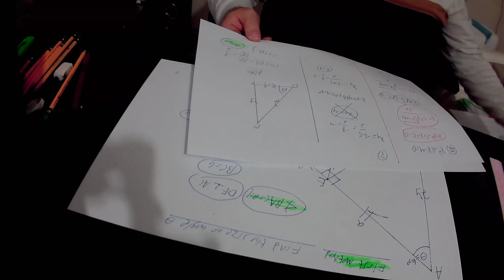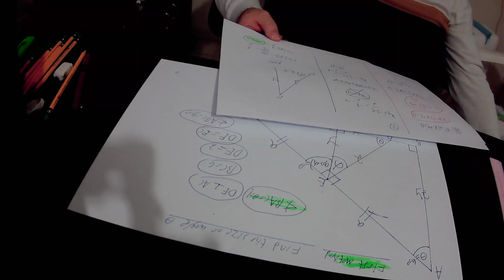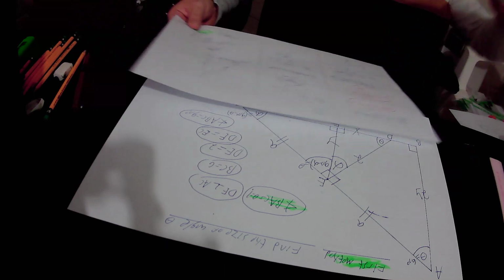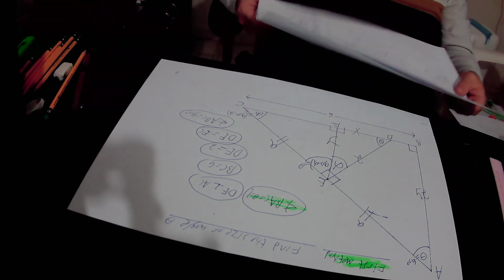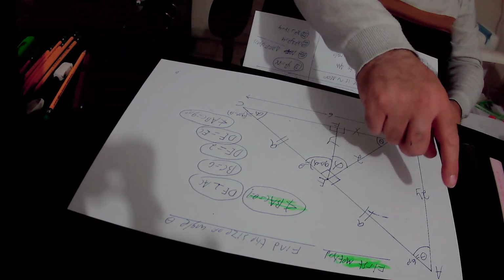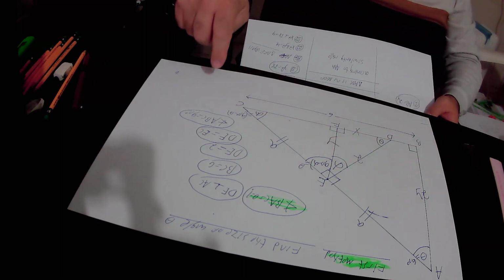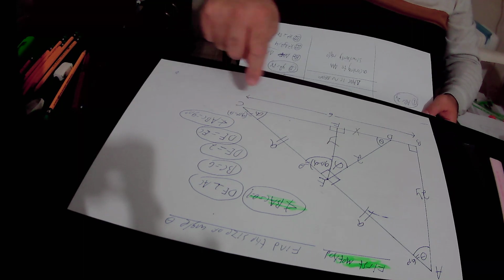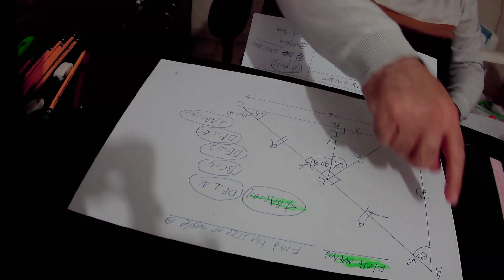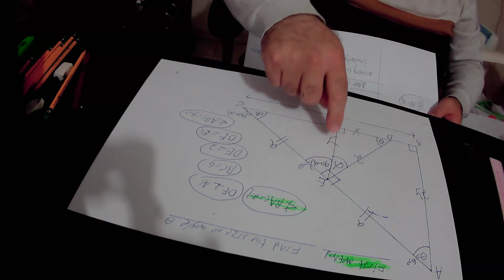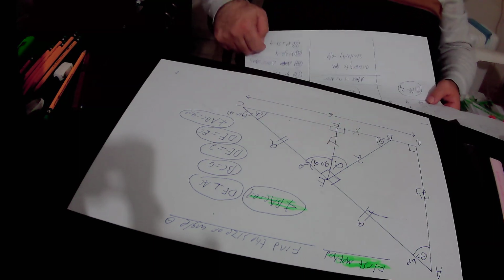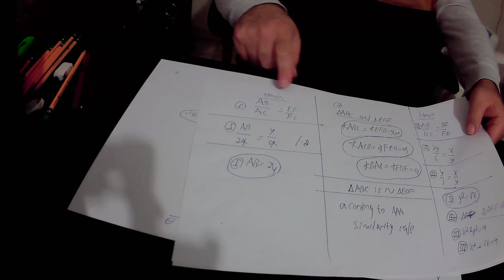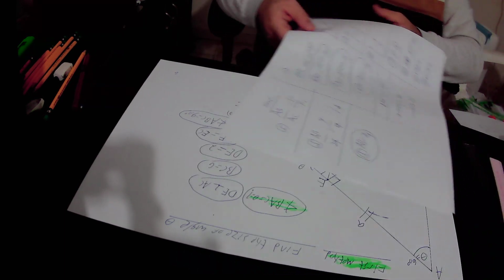And from the fact that those two triangles are similar to each other, we conclude that AB over AC is equal to EF over FC. Again, AB over AC equals EF over FC.